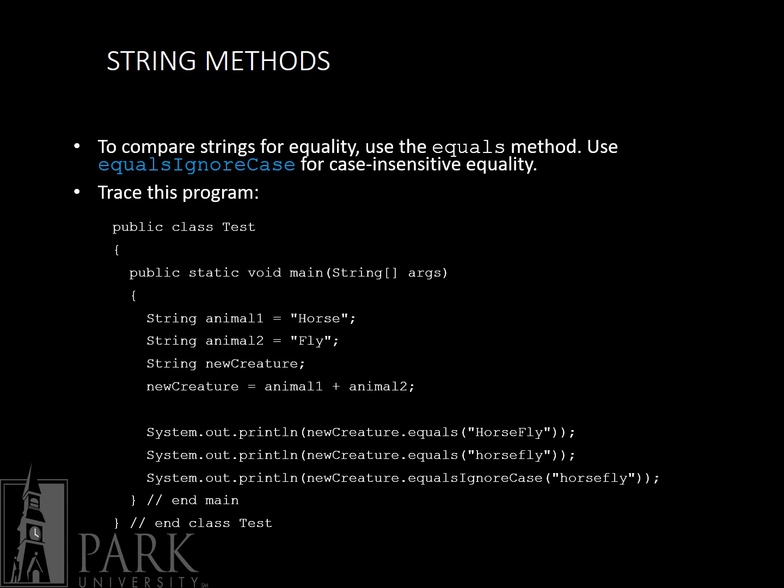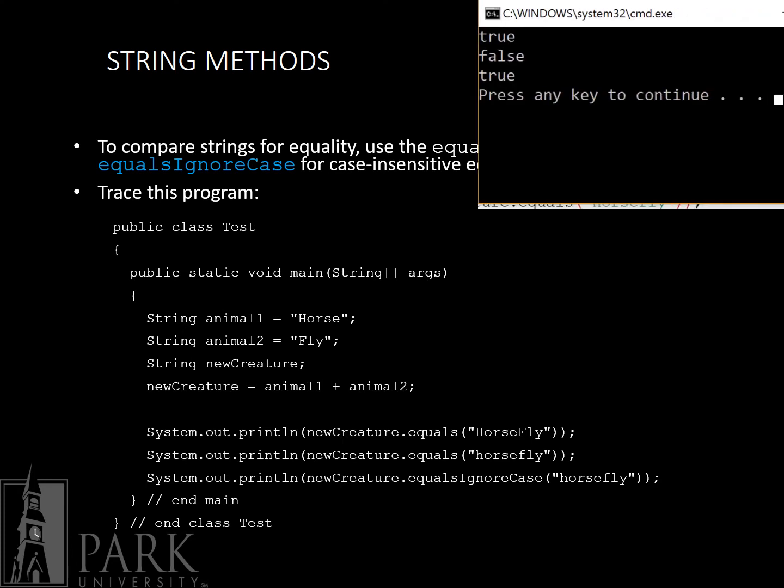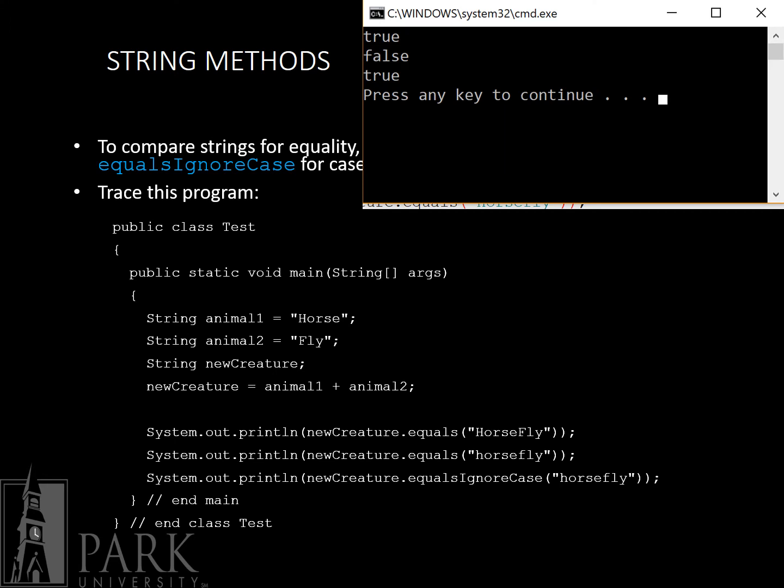So if you actually run the program, what you're going to find is that the output is true, false, and true. But why? Because we've got newCreature, which is equal to animal1 plus animal2, right? So that's going to concatenate the two to be horsefly. So newCreature equals horsefly. Yes, it does, because we got both of these values capitalized, right?